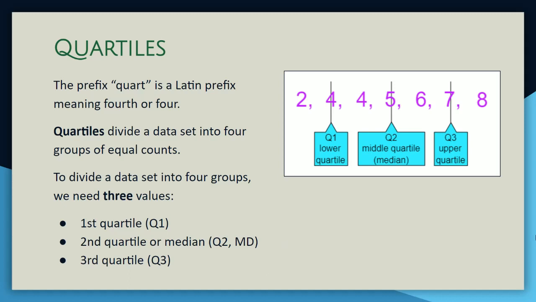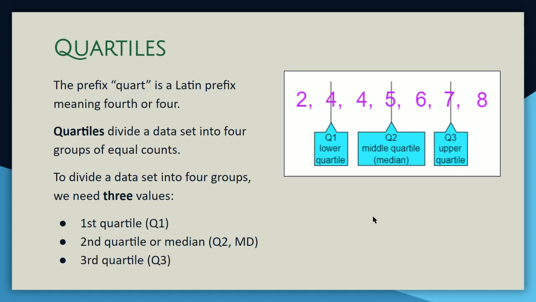So we can see here a data set, 2, 4, 4, 5, 6, 7, 8, and it has been divided up into 4 equal chunks. The lowest chunk has 1 data point in it, middle chunk has 1, third chunk has 1, last chunk has 1. And those quartiles are the values in between each of those chunks.